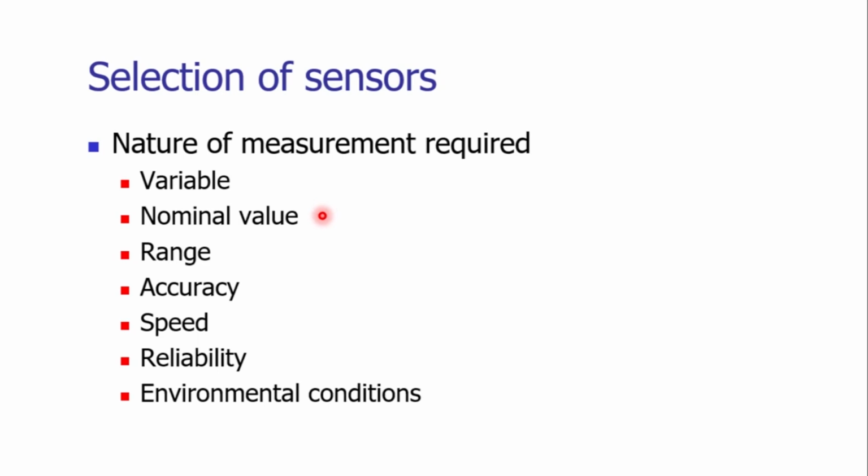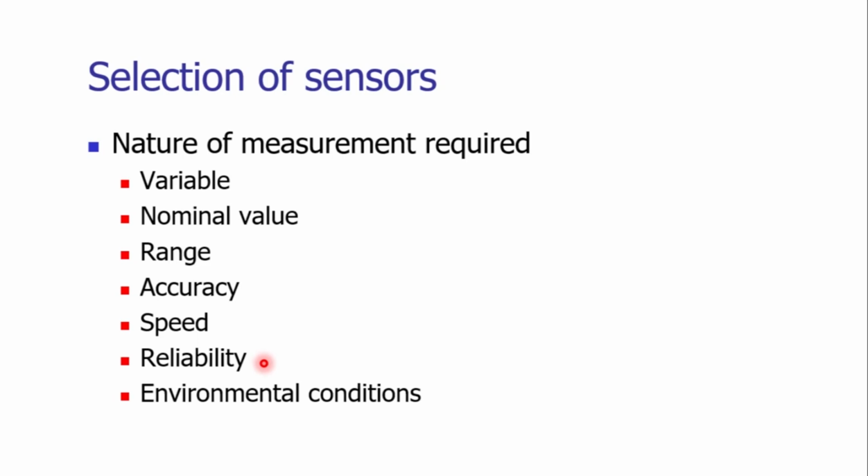What is the value that we are expecting to be measured? Then what could be the range, how accurate the results are expected, at what speed we want the signals from a sensor, and how much the reliability of the sensor would be.